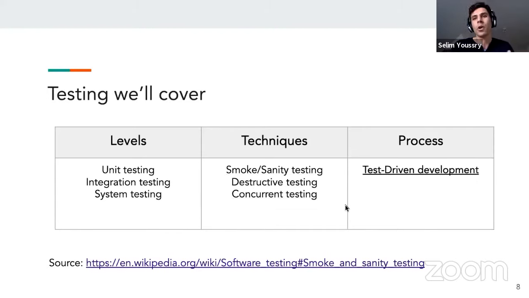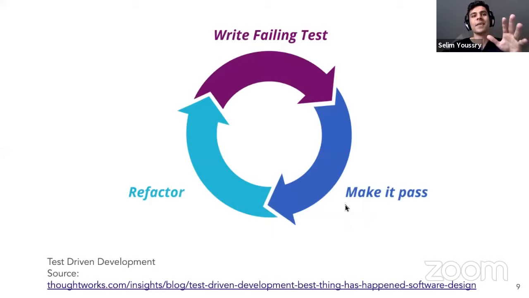And then, the process that I mentioned early on, test-driven development. Test-driven development is a method to integrate tests as a first-class citizen of the way you write code. You write tests first, and then it looks like this. I took this from ThoughtWorks, the link is below.